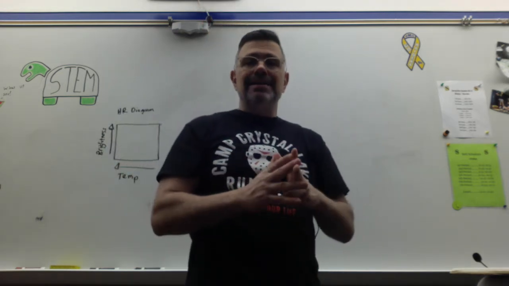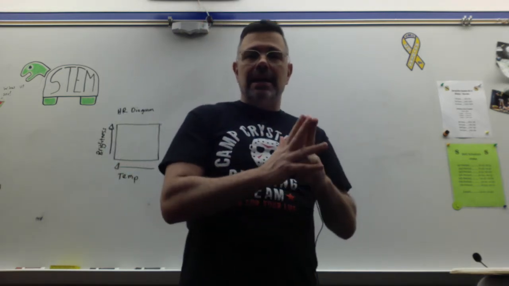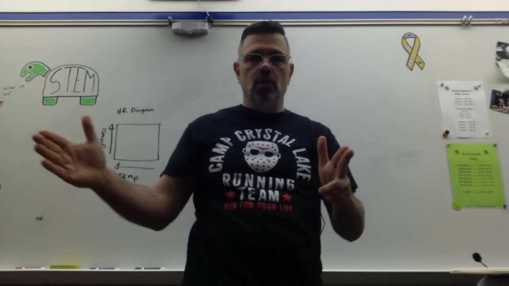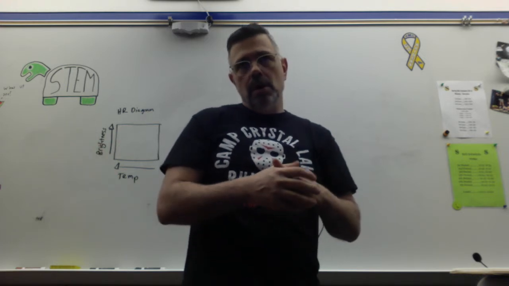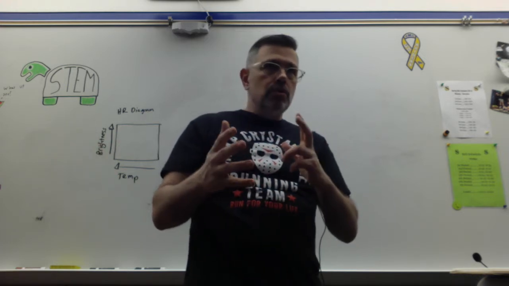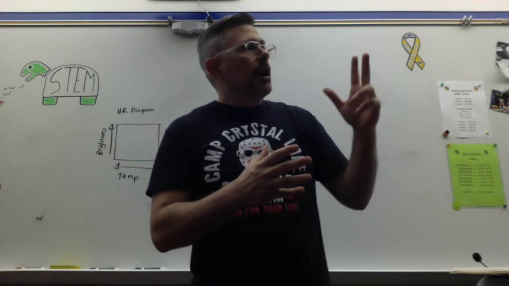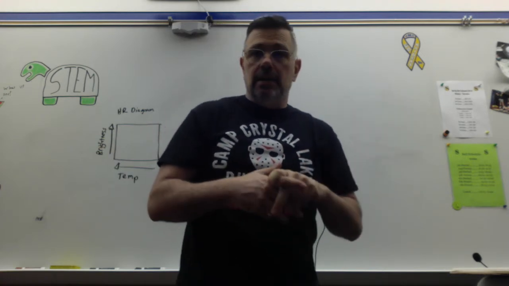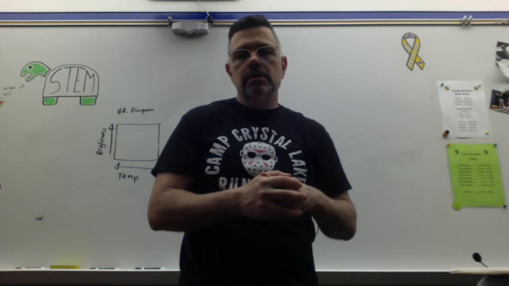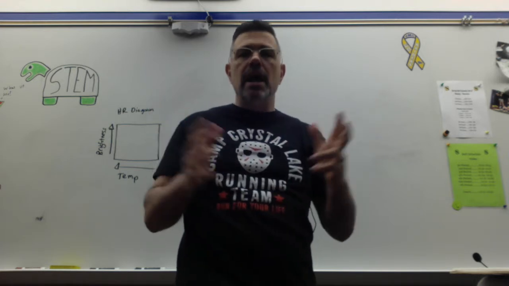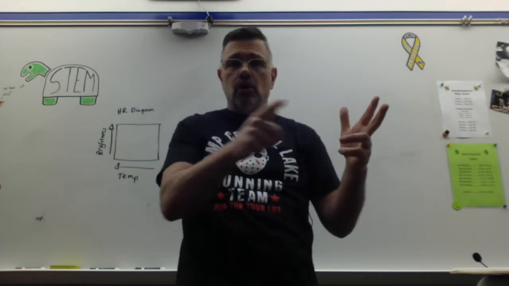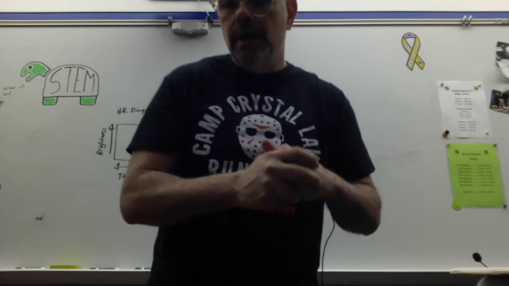A light year is the distance that light can travel in 1 year. So, you know, our moon is about 1.5 light seconds away. The sun is 8 light minutes away, and it takes 100,000 light years to get across our galaxy.